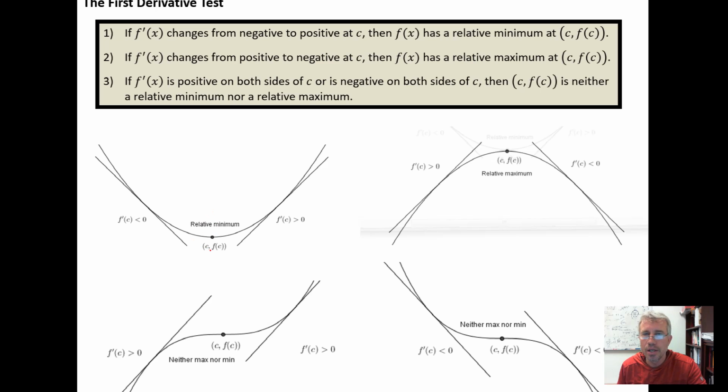So here's a graph showing the location of a relative or local minimum. And the key idea is that if you construct a tangent line on either side of that local minimum, you'll see on the left-hand side of the local minimum that the slope of that line is negative. In other words, the derivative is less than zero.